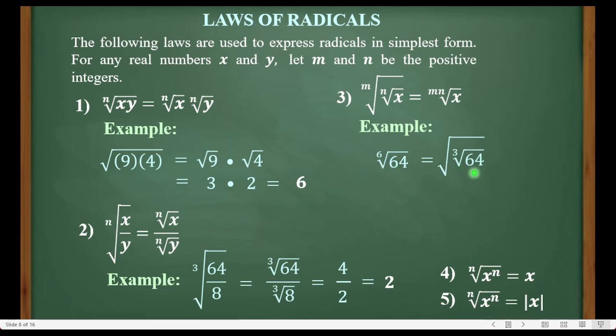Now evaluating the inner radical, which is the cube root of 64, that will give you 4, and what will remain is the outer radical sign, which is the square root of this particular radical, which is 4. So the square root of 4 will give us 2.